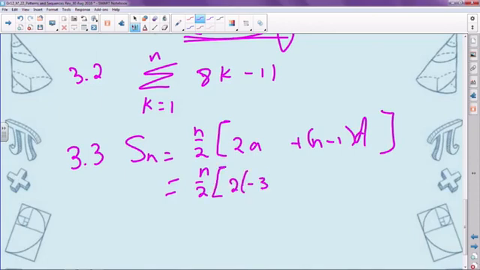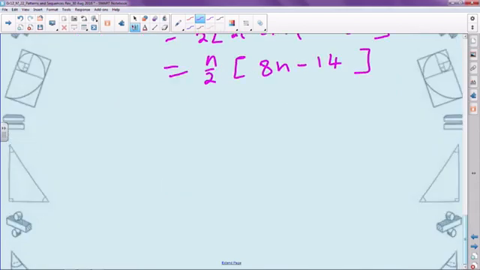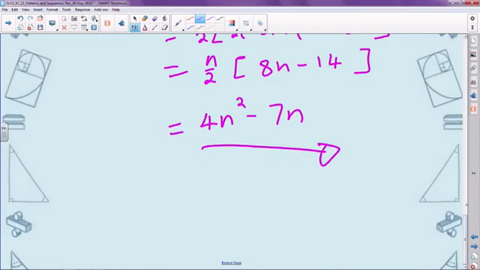A had a value of minus 3 and d had a value of 8. You simplify all of that out and you're going to end up with n over 2 into 8n minus 14. If you simplify within that bracket, multiply your n over 2 into your bracket, and you end up with 4n squared minus 7n, which is exactly what they asked you to show.